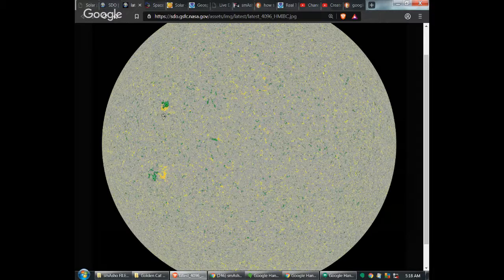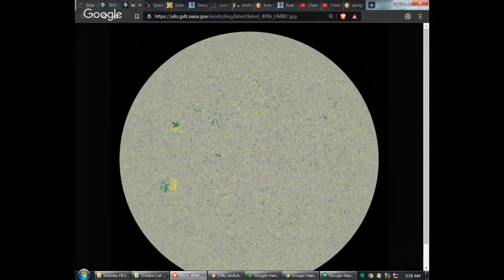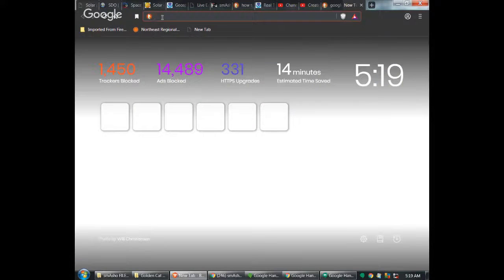And anyway, this spot up here is turned 90 degrees to the way we normally see these active regions. So it's another indication of cycle 25. So that's an interesting little tidbit. And it is talked about also on spaceweather.com.